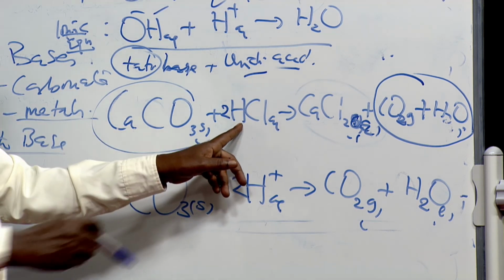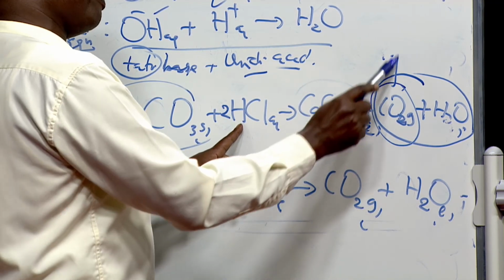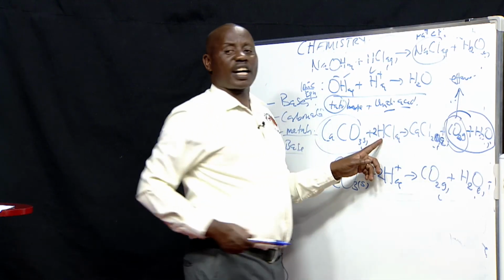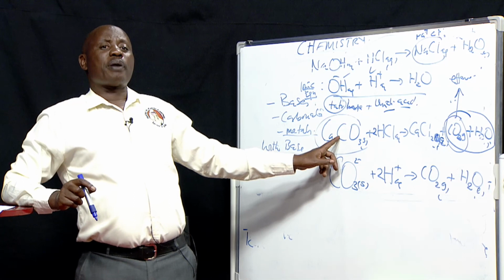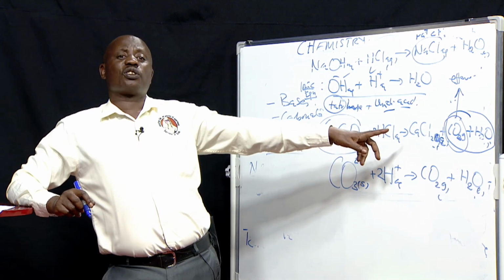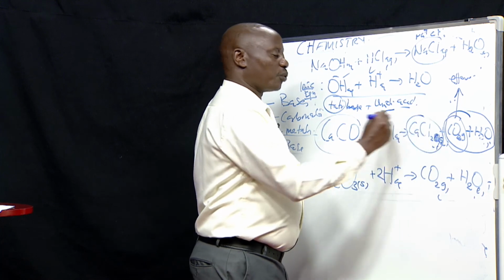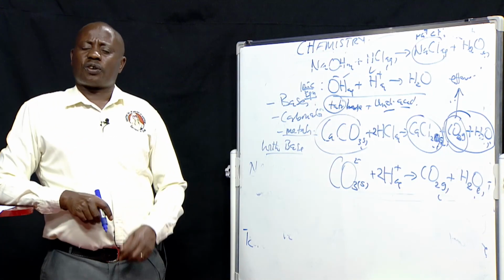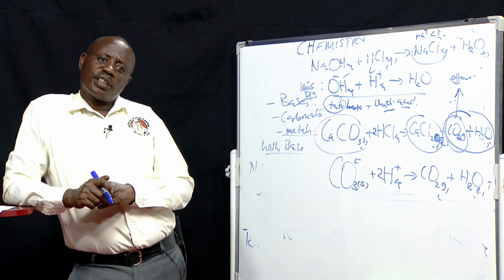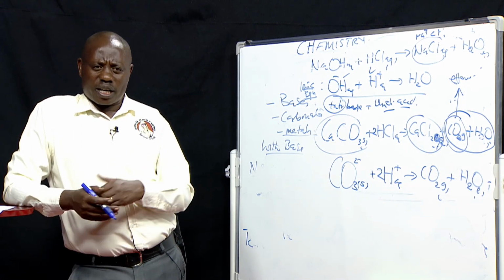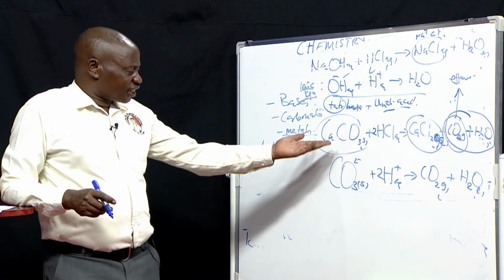And in this case, there must be something happening because of production of gas. There is effervescence or bubbles of colorless gas. So the white powder dissolves with effervescence of colorless gas to form a colorless solution. We said most metal ions form a colorless solution, except copper, iron 2 and iron 3. So that is the observation.